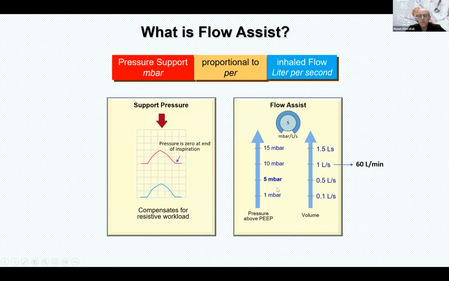So for example, we set it at 5 centimeter if the flow is 0.5 liter per second, 10 if the flow is 1 liter per second. And then the pressure will go up gradually to that level based on patient's efforts at the initiation of the breath.